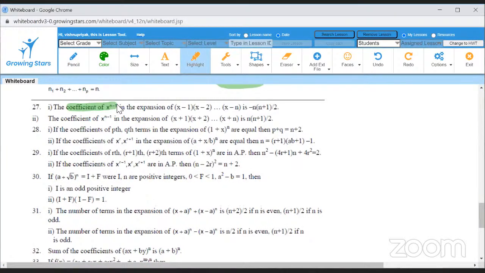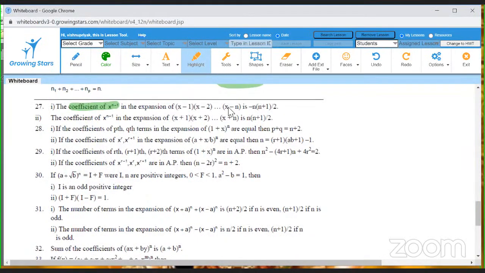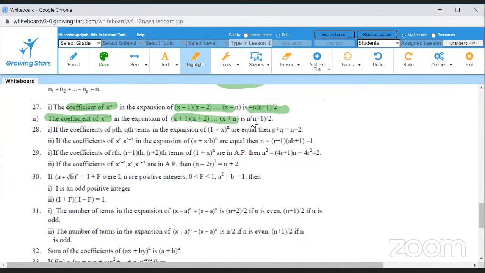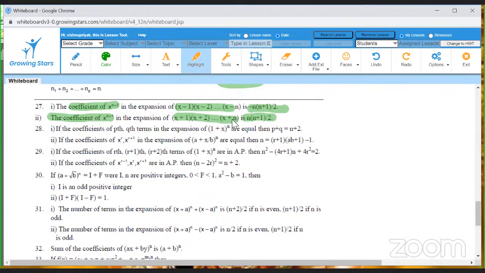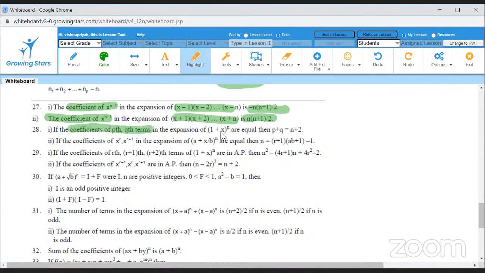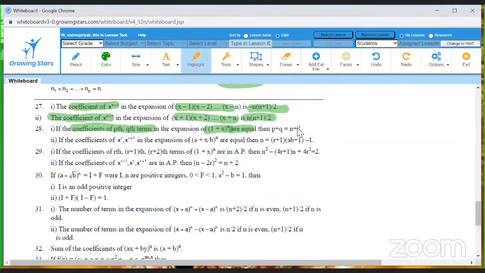The coefficient of x^(n-1) in this expansion is -n(n + 1)/2. And the coefficient of x^(n-1) in this expansion is n(n + 1)/2. If the coefficients of pth and qth terms in this expansion are equal, then p + q = n + 2.